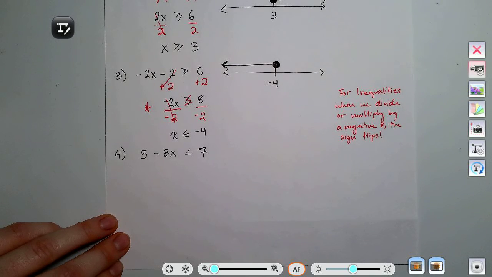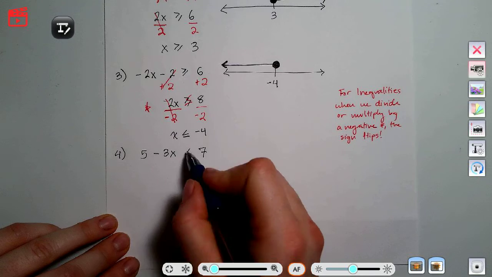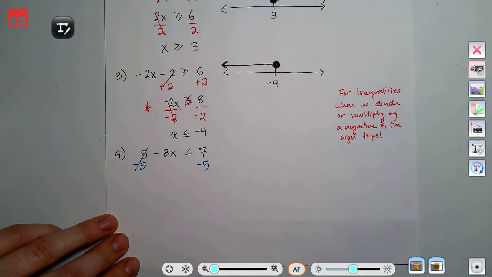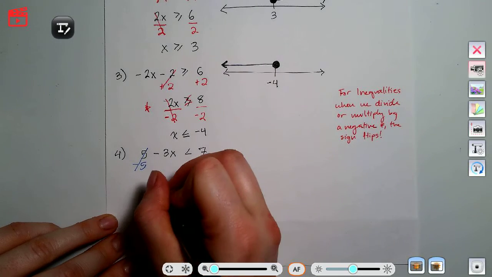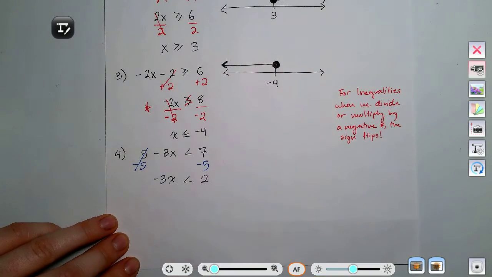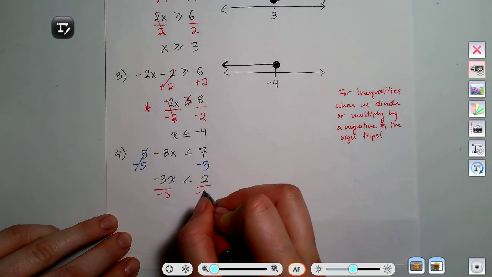All right, so solving for x, I want to get that 5 on the other side of the inequality. So I'll subtract 5 from both sides. And then what do I have? I have negative 3x is less than 7 minus 5 is going to be 2.